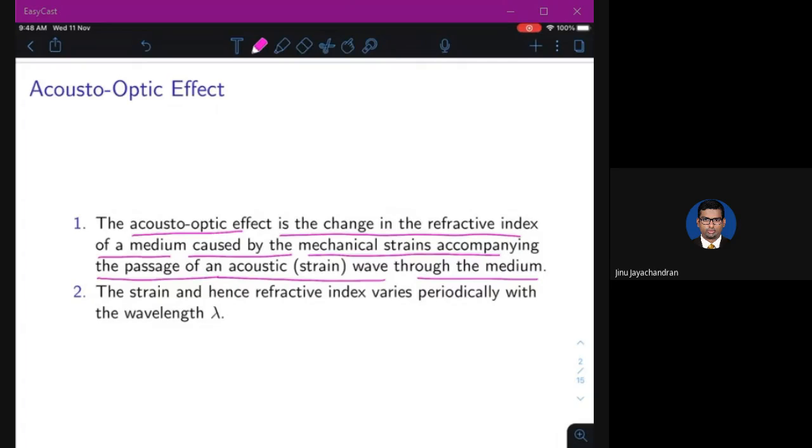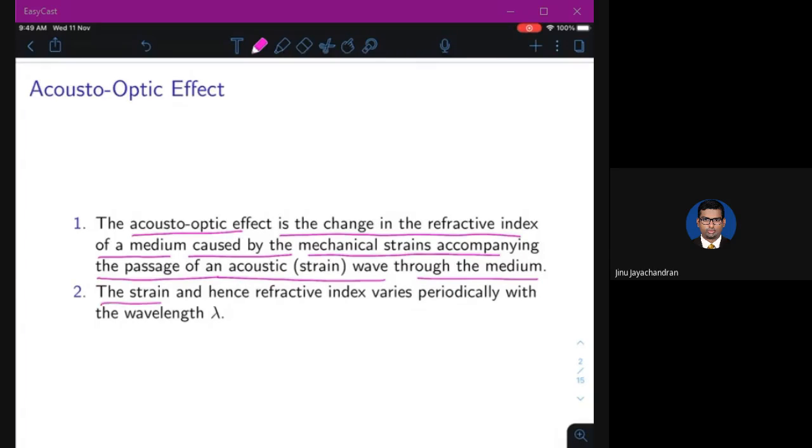Instead, in the acousto-optic effect, we are applying some mechanical strain because of which a waveform is generated in the medium or the material, and this will result in changing the refractive index of the material. We'll see more detail.